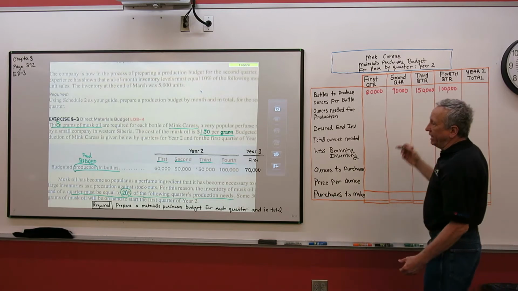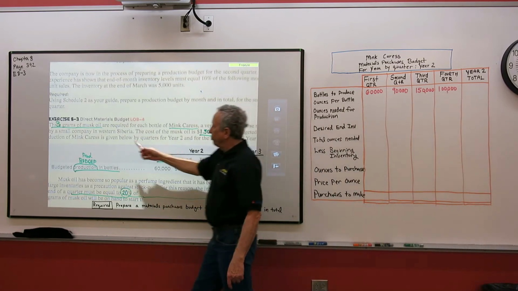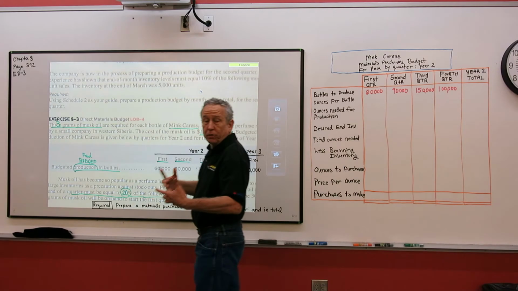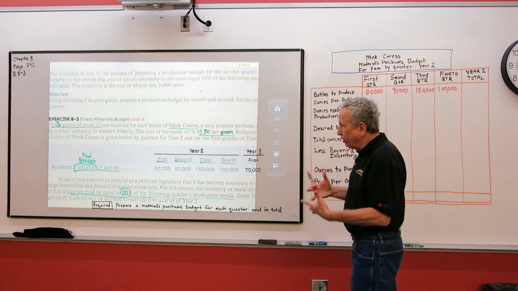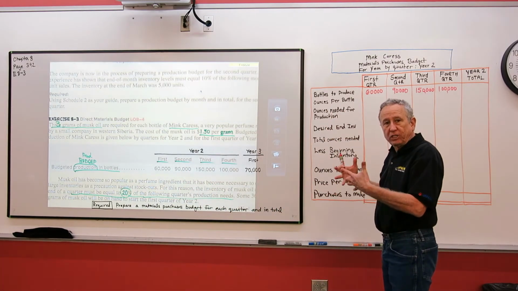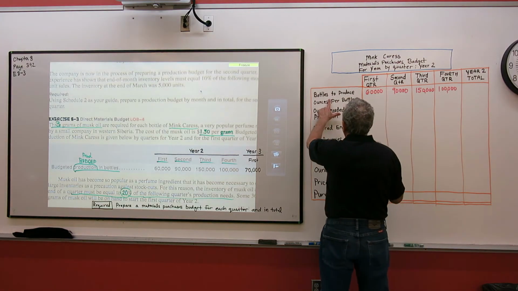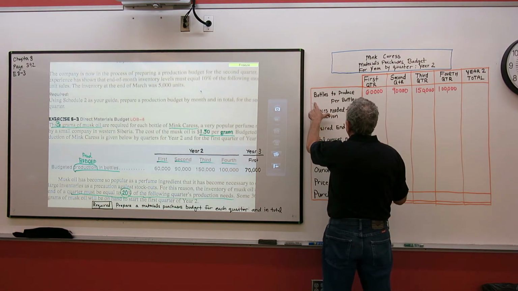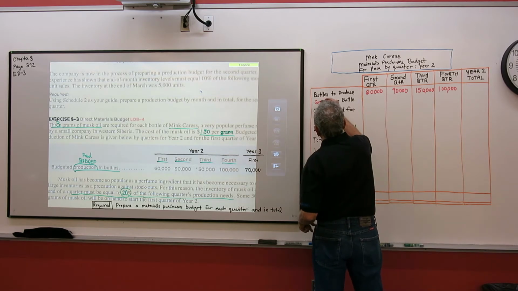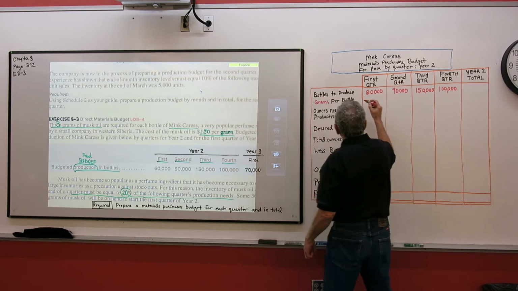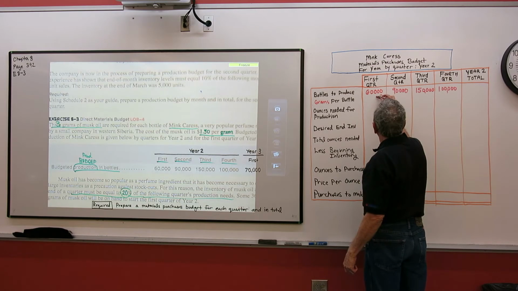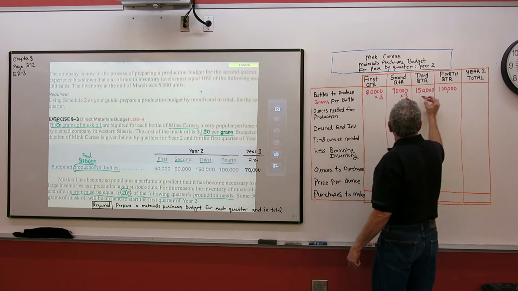And then we need to take that times 3 grams. It's a materials budget, not a production budget of bottles. It's materials that we're going to need. Where I wrote ounces per bottle, that's actually all wrong. Everywhere I wrote ounces, we should say grams. Grams per bottle is 3, so we've got to multiply all these by 3.